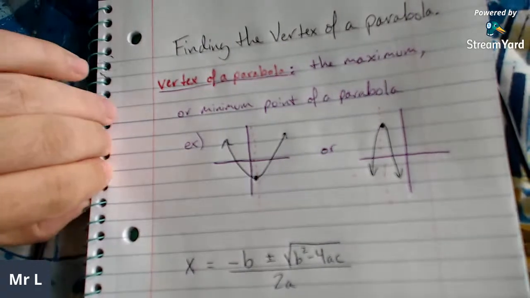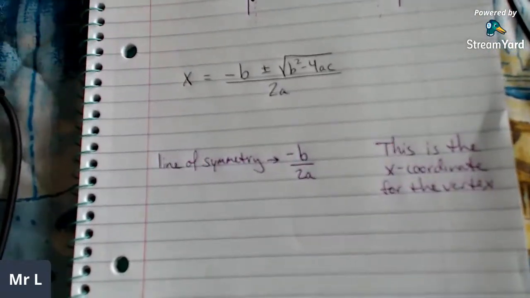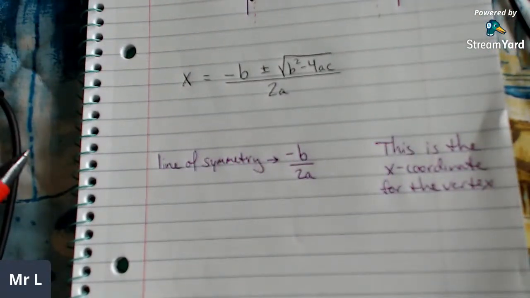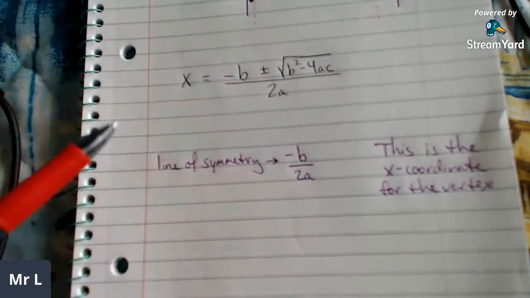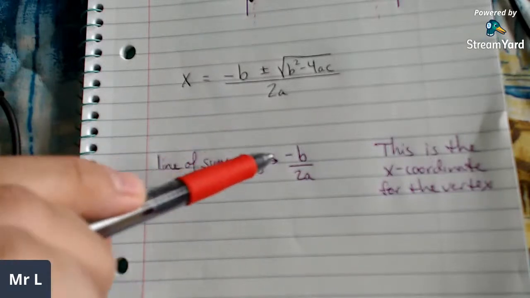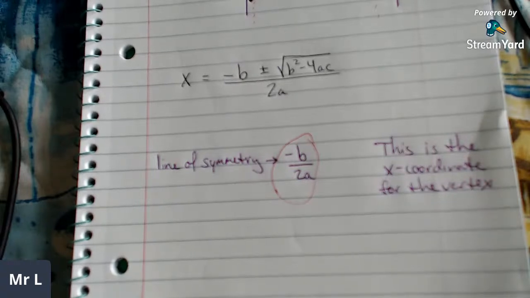To find the line of symmetry, that line that cuts parabolas in half, it's actually this little tiny formula here: negative b divided by 2a. And remember, a, b, and c are the a, b, and c from a standard form quadratic equation.